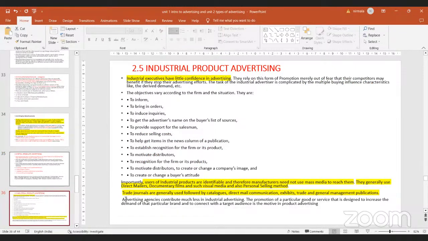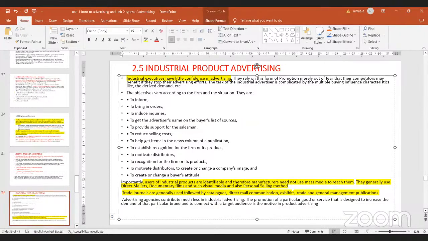And industrial advertising is just done for selling industrial goods and services to its promising manufacturers, or it is done by the manufacturers to reach out to their promising dealers or retailers, agencies, which would buy the products.